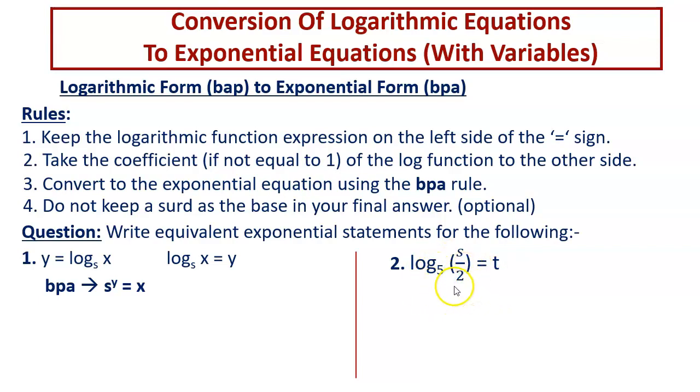We have not rearranged because we do not have to rearrange anything. And this is the base, this is the argument, and this is the product, which is the result, which will become the power. This base remains the base and the argument becomes the answer. So the exponential form will be 5 raised to the power of t equal to s over 2.